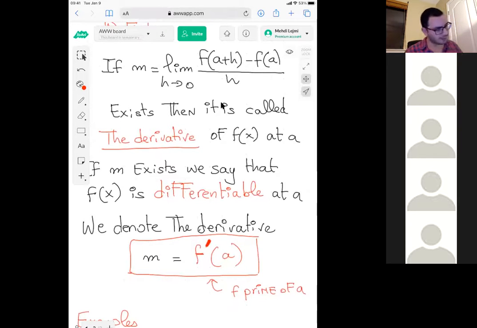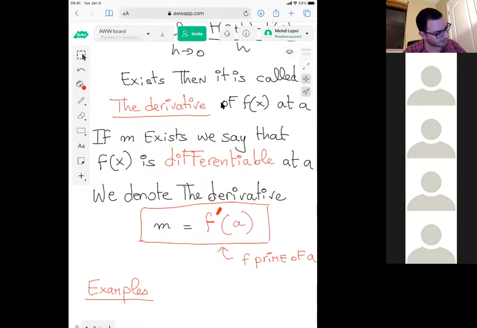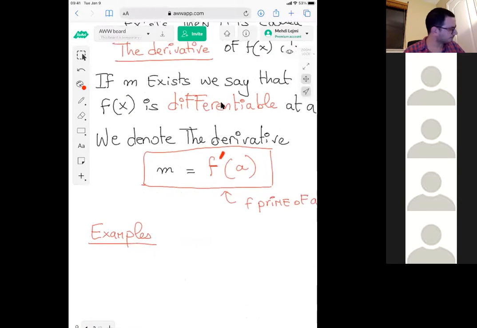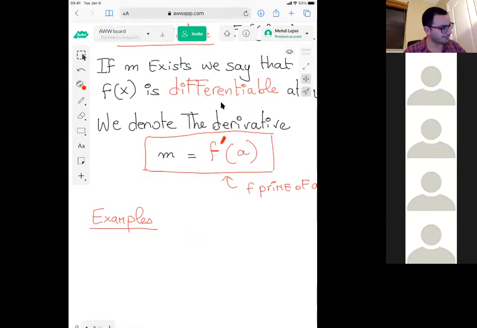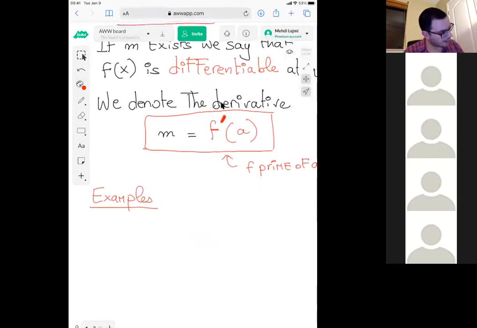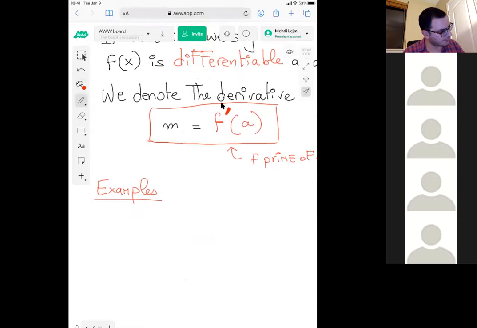So for examples, let me start with a very simple example. Example number 1. I'm going to take just f of x equals 2x plus 1.